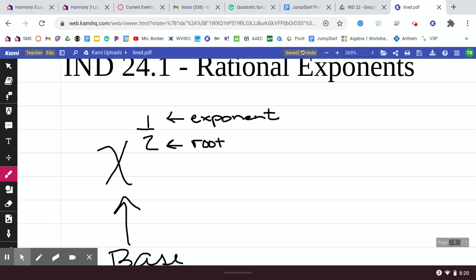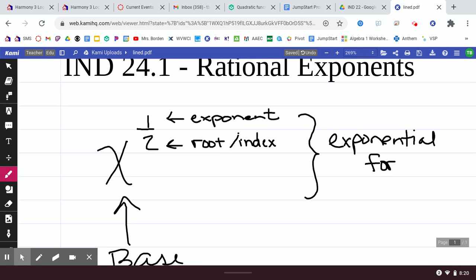Sometimes you might even hear it called an index. I will always refer to it as the root, though. And this is considered exponential form. It should make sense: if it's written with a base and an exponent, it's called exponential form. So this whole thing right here is called exponential form.